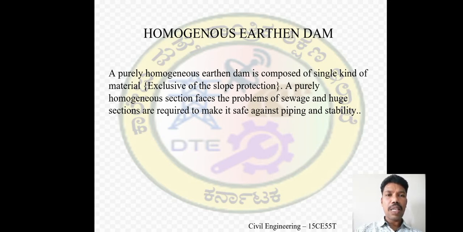Such a kind of earthen dam can be called a homogeneous earthen dam. And this type of homogeneous earthen dam may face some problems like piping and other things because of its homogeneous or same kind of material. That's why we must take care to provide stability against piping.